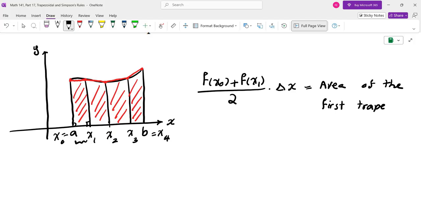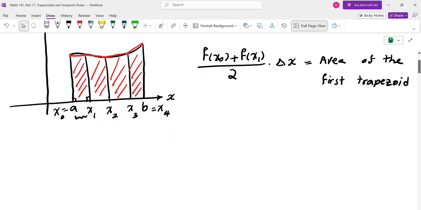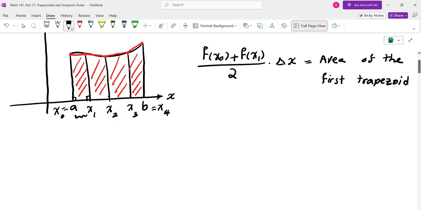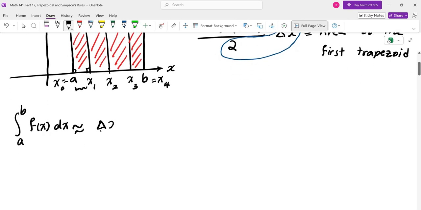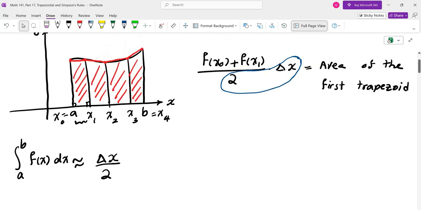Now we can do the same thing and find the areas of the other trapezoids, and then add them up. So if we do that, the integral from a to b of f of x dx is going to be approximately, all of these areas are going to factor delta x over 2 because they all have the same height, delta x, and they all have over 2 because we take the base 1 plus base 2 over 2.